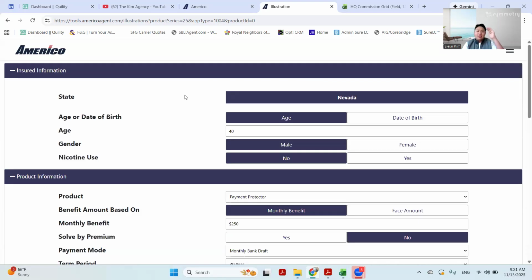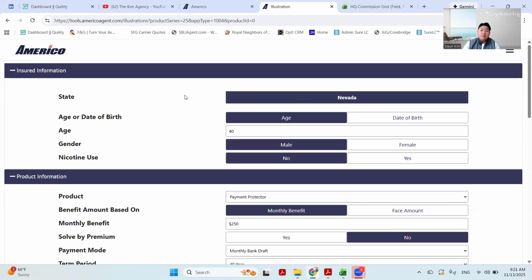That used to be the case. There were plans like that offered in the past, but they don't do that anymore. They typically use a 20, 30-year term to cover the length of the mortgage, and the coverage amount stays level, like a general term life insurance.